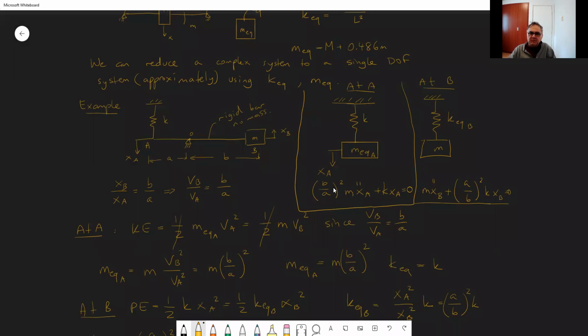These will be the equations. By the way, I didn't write it: the B coordinate has to be XB. XB is defined as upwards, okay? XA is downwards. It is in order to keep this sign positive.